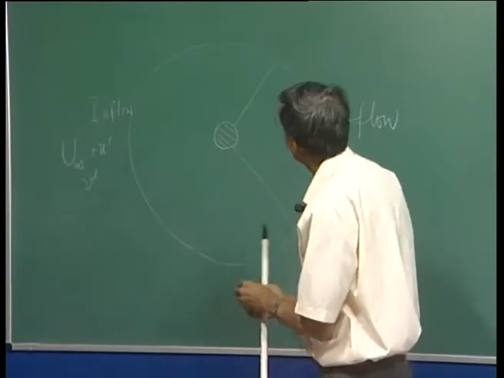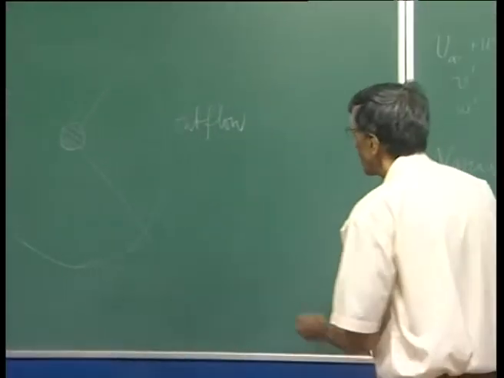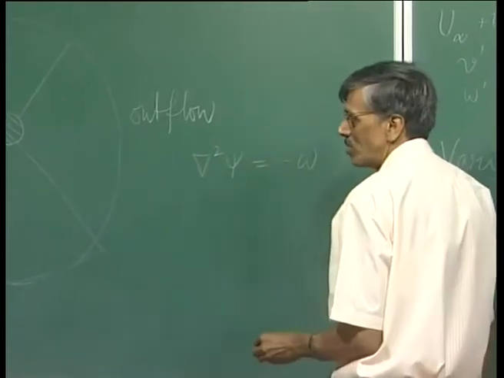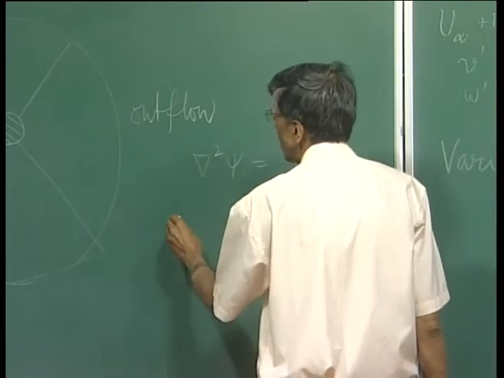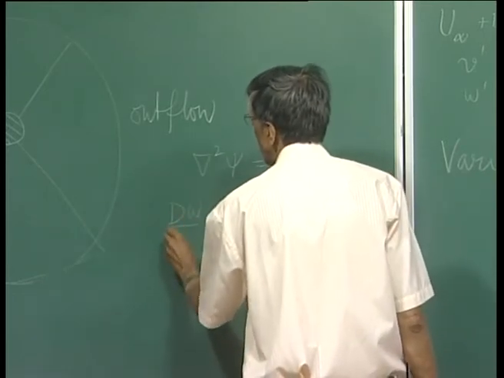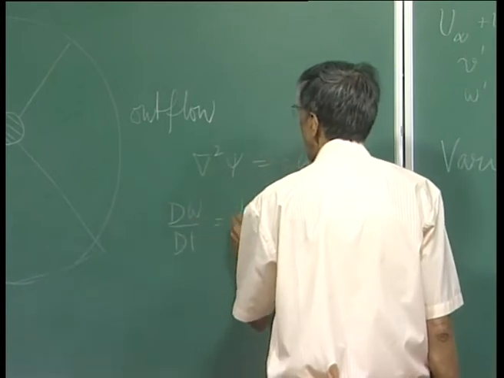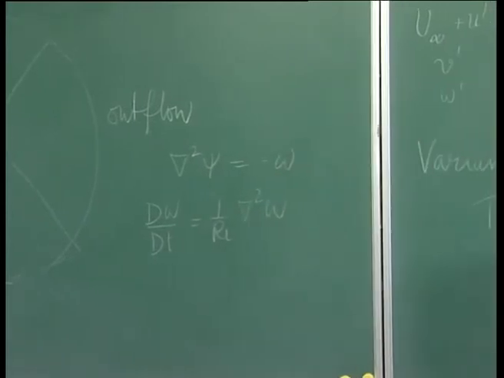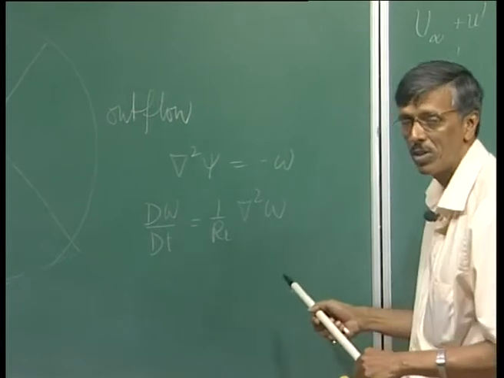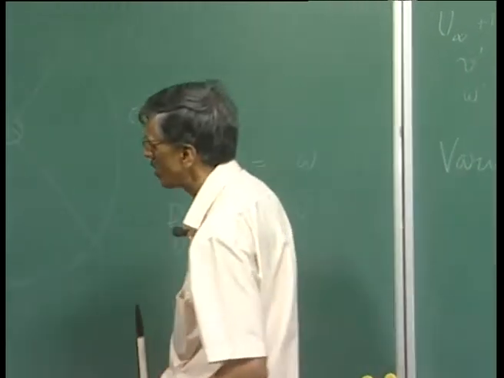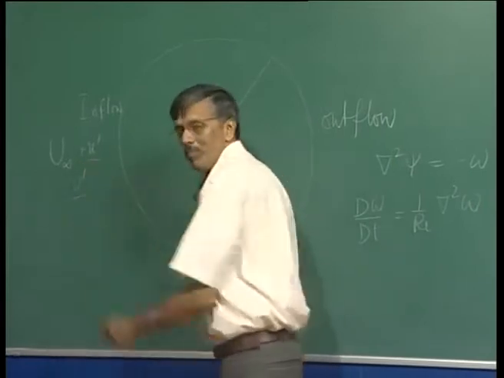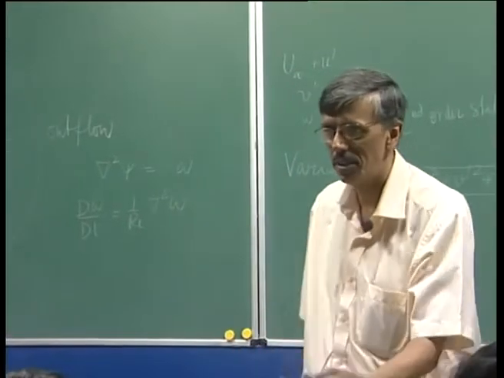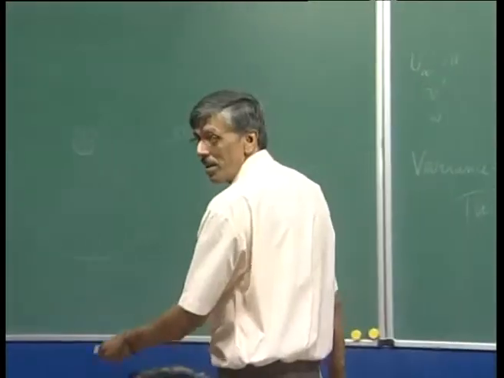That is what we are saying, that in solving the Navier-Stokes equation, we try to solve it in terms of the stream function vorticity equation. So, this is your stream function equation, and the vorticity transport equation is this. When we are solving this vorticity transport equation, at every time step we add this u prime and v prime, and you run your FST model at every time step for each of the points.